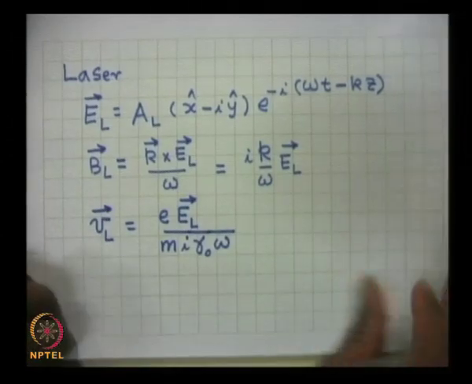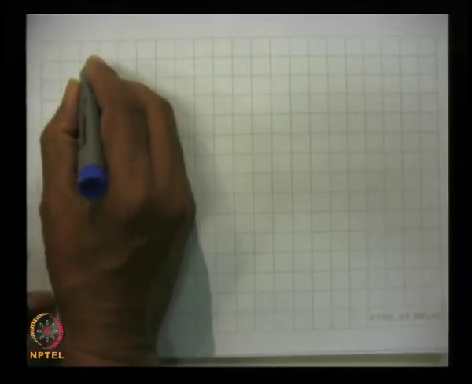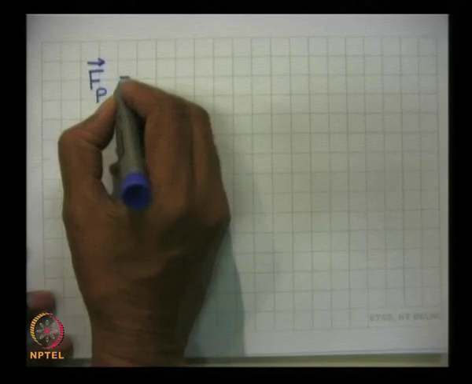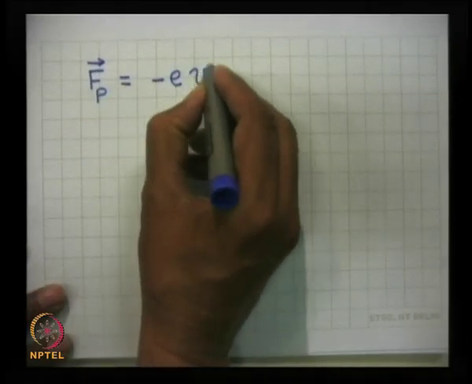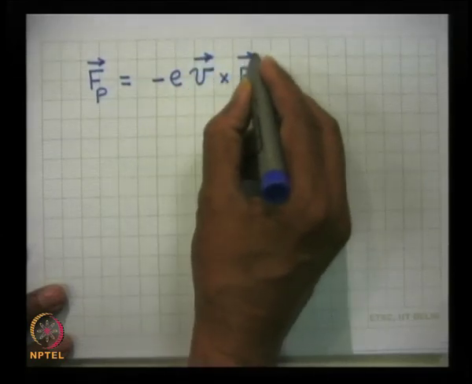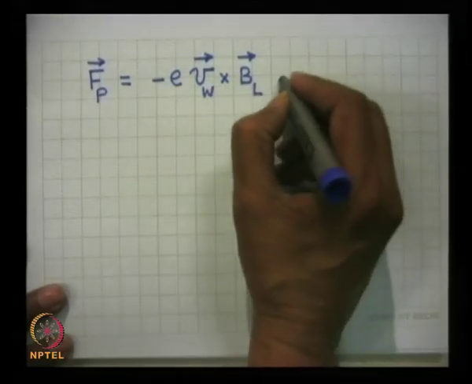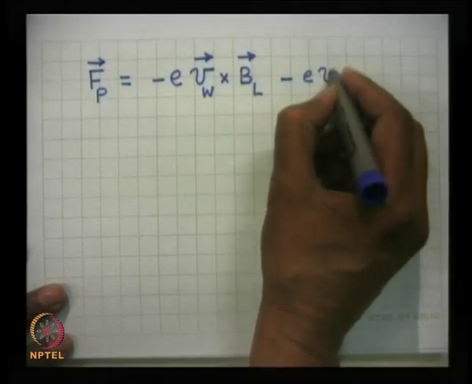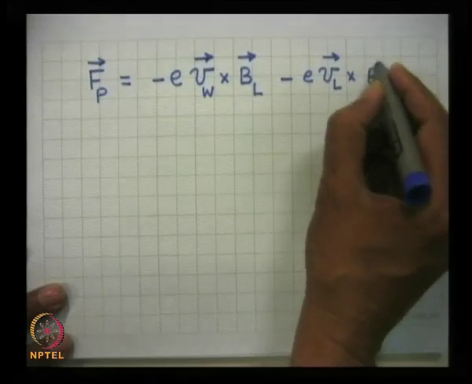Let me write that force as F_p, given a name called the ponderomotive force, and that is caused by the interaction of, well, this is minus e into v cross B. This is called the Lorentz force, in which this is due to the Wiggler and this is due to the laser. And there is another term minus e, v due to the laser and B due to the Wiggler.